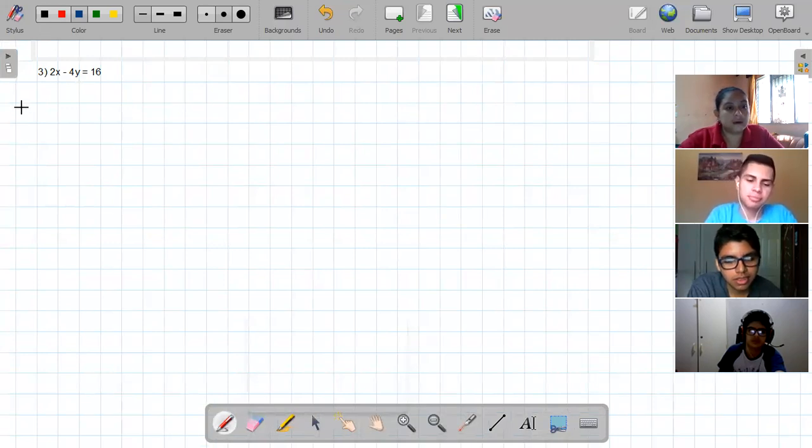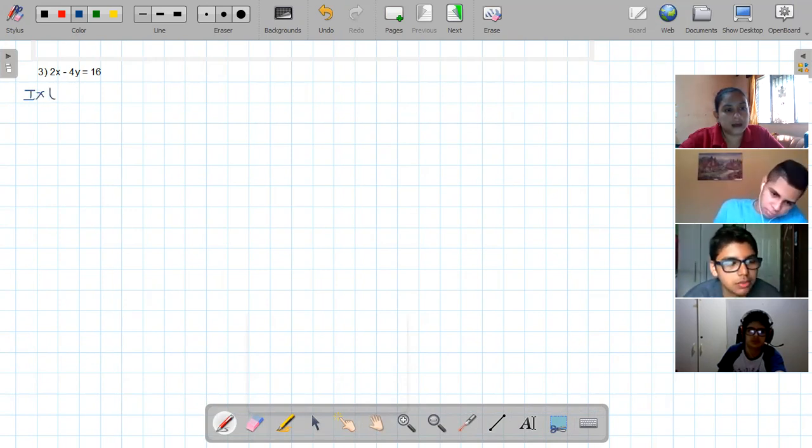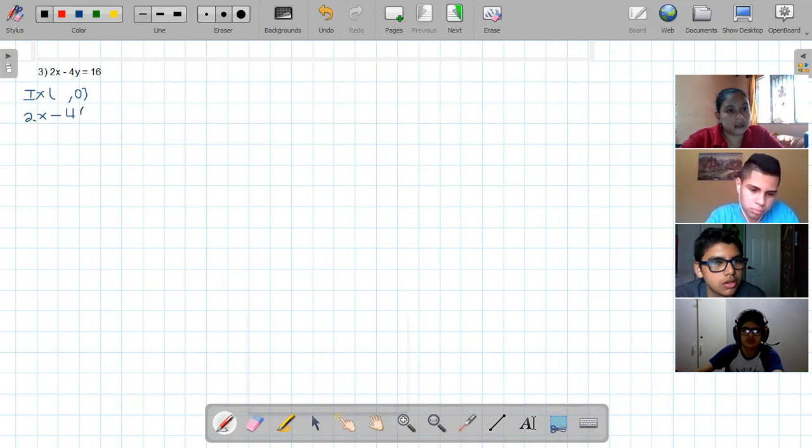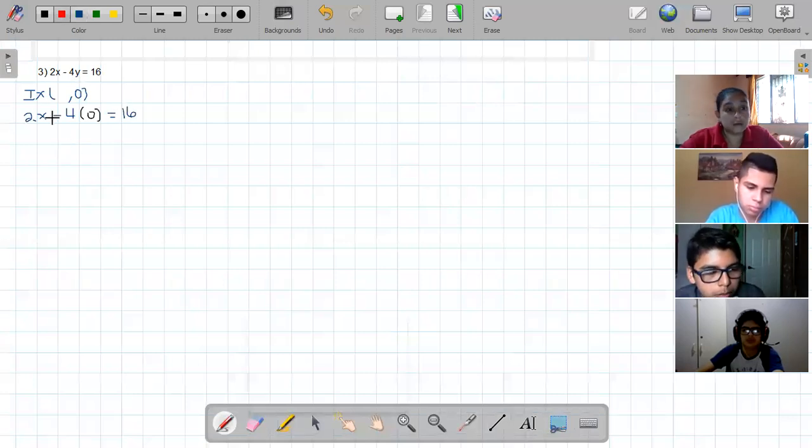So again, remember, first thing, intercept in x, where I need to find x and y is 0 in the original. So I'm going to substitute instead of y, I'm going to place a 0. So 2x minus 4, and instead of y, 0 equals 16.